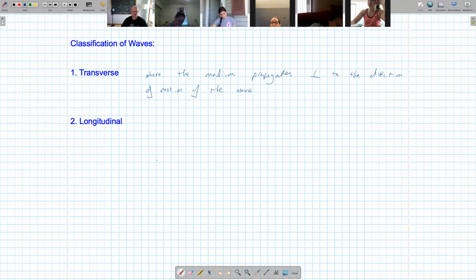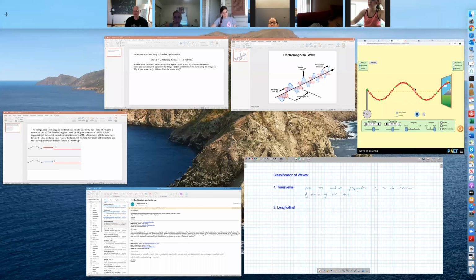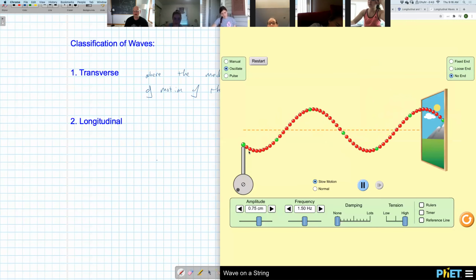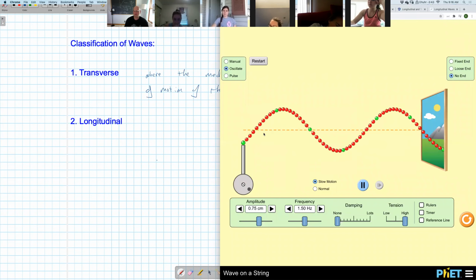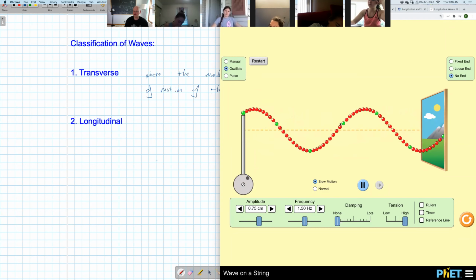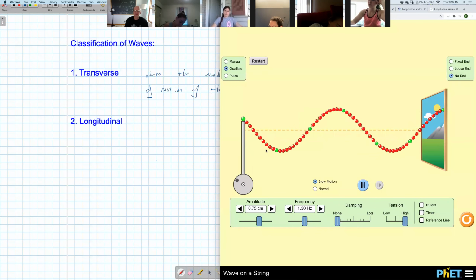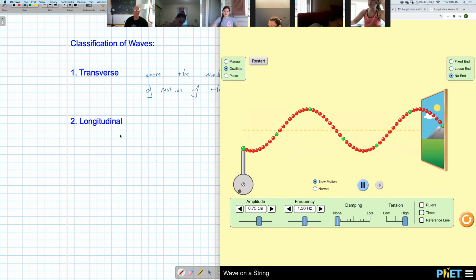So this is the transverse wave. A good example of this is the wave on a string. My medium is moving up and down, and the wave itself is moving to the right. So this would be a transverse wave.